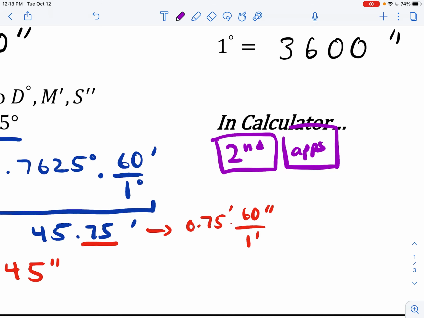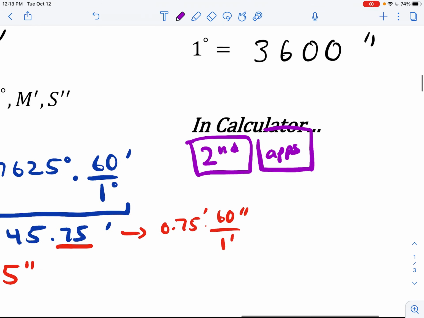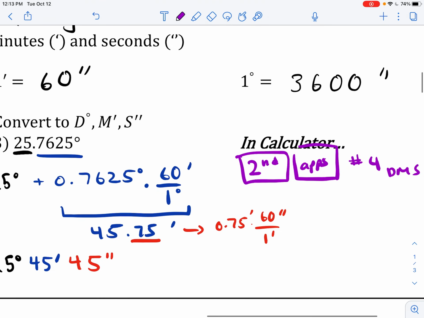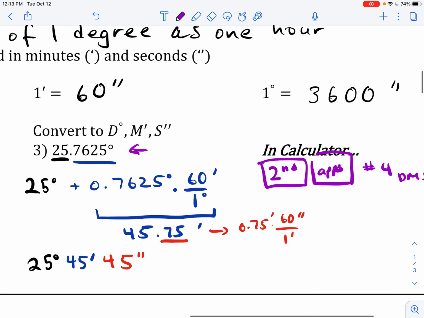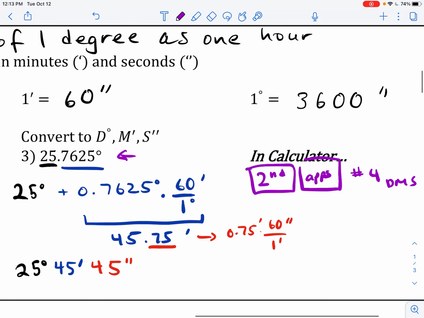Then if you go into option number 4, you'll see that there's DMS. You could just try it with the last one that we just did. Take this angle in decimal and then hit DMS, and it should automatically convert it into degrees, minutes, and seconds, which is a neat feature of most TI graphing calculators.